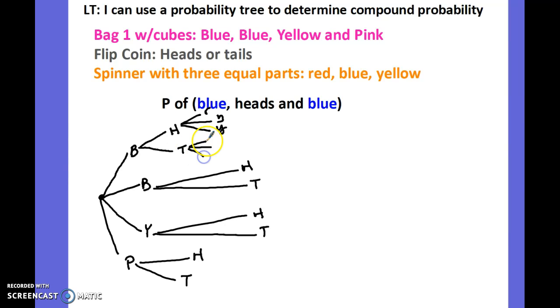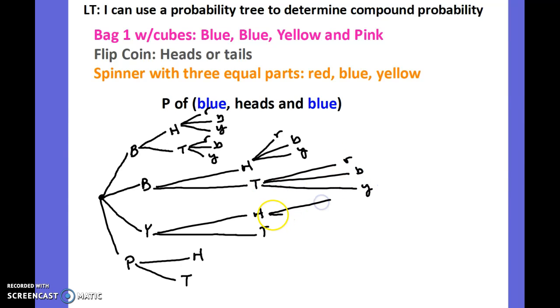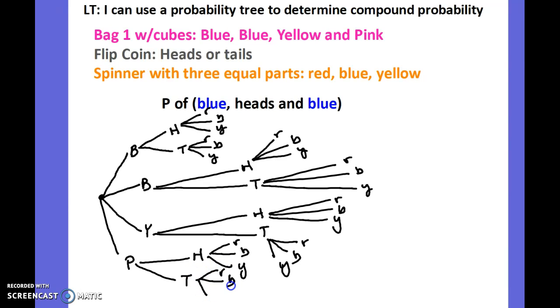And we repeat that for every branch: one, two, three, red, blue, yellow, and so on, until you're done with your probability tree.